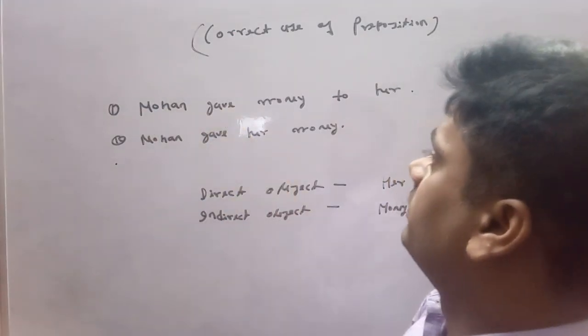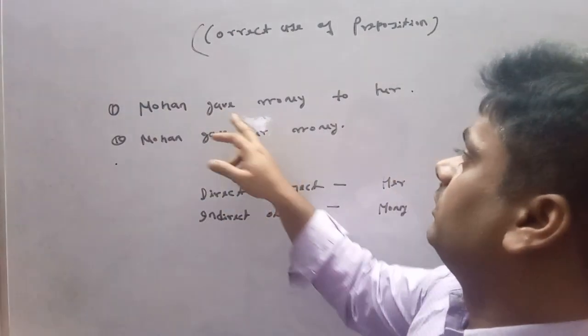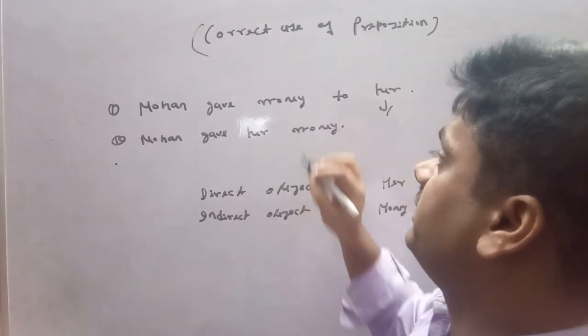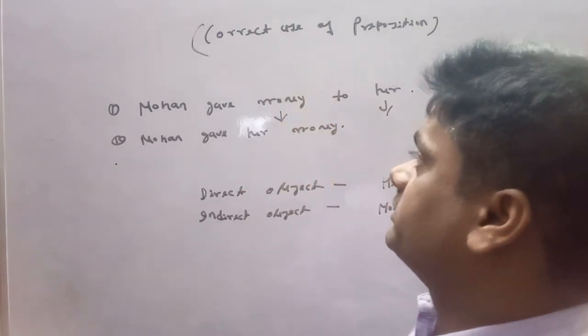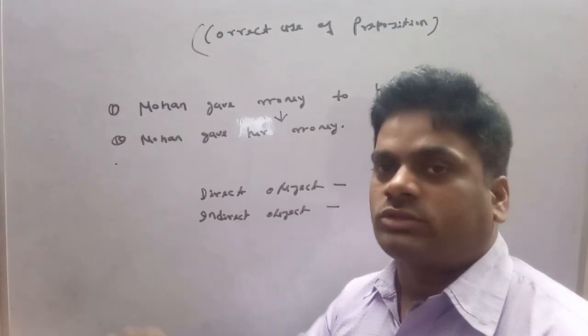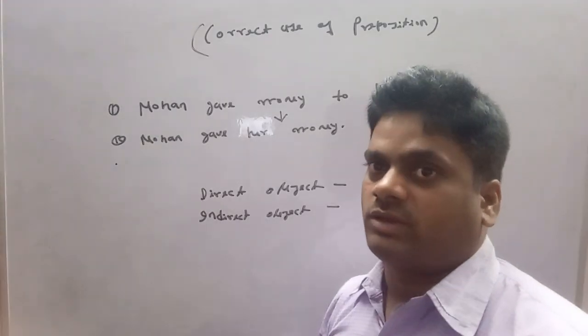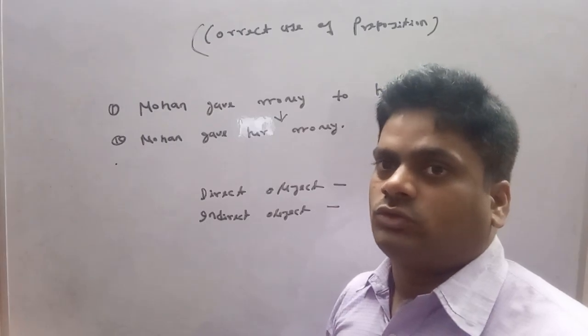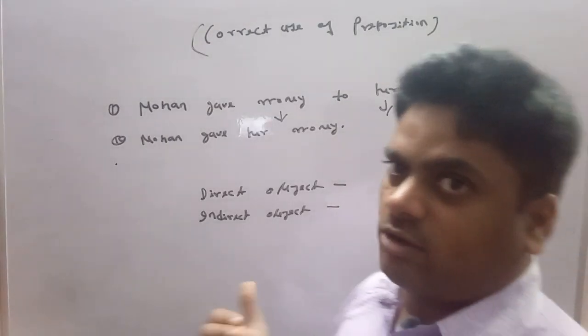Mohan gave. Her is a primary object, but here we have used secondary object. Mohan gave. The process of giving, if we want to give anything, so we would need an object.